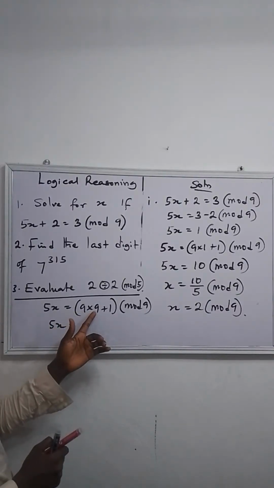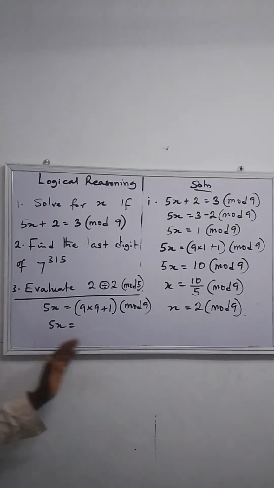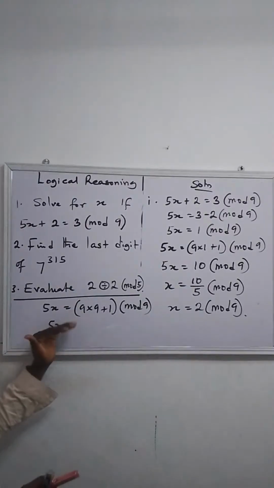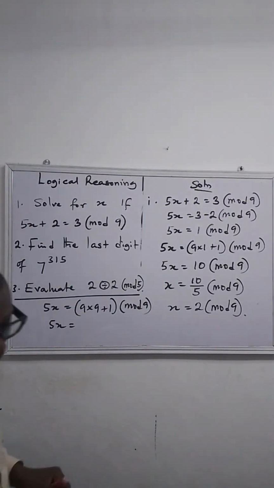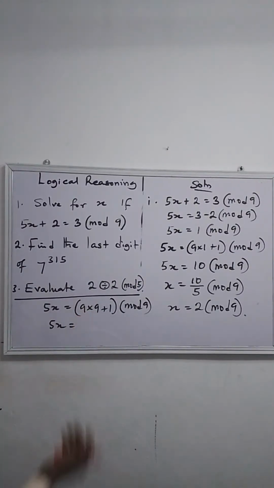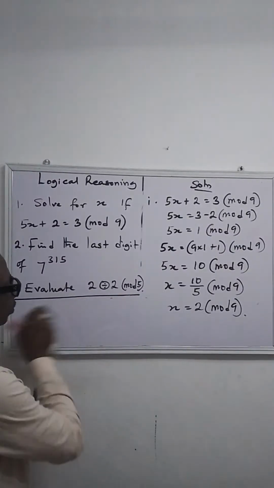So obviously you will only have one solution. I just want us to cross-check and see. You only have one solution, so you may not have to disturb yourself too much. But if we multiply 9 times 10, we are going to have 90. When you add 1 to it, it's still not divisible by 5. So we can stop here.